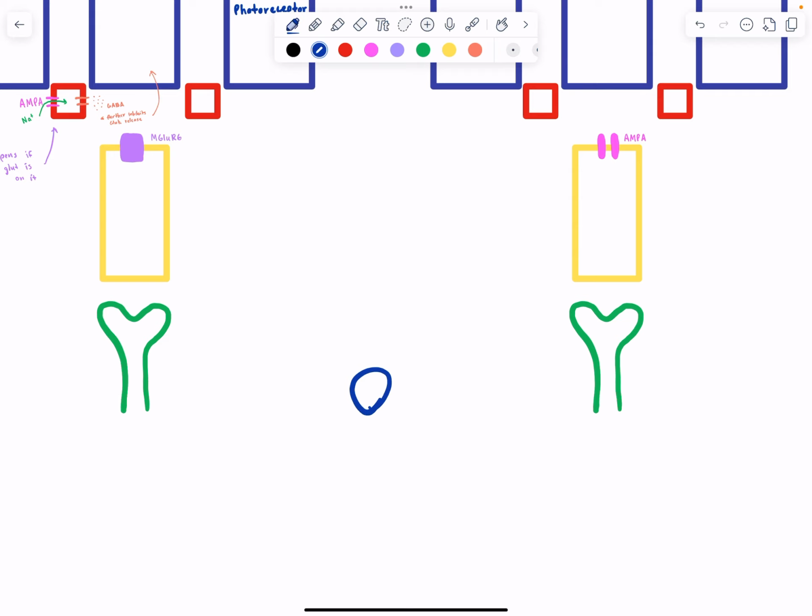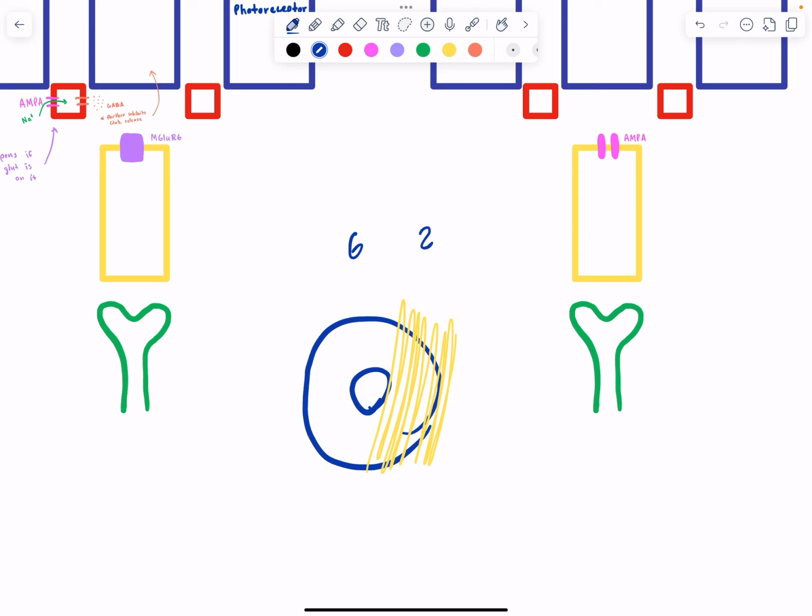So with this, let's draw some. If we have a center and outside, let's say light is just hitting this much. In a receptor cell, the center accounts for 60% of action potentials, and the surrounds account for 40%. So 2 on this side, 2 on this side.